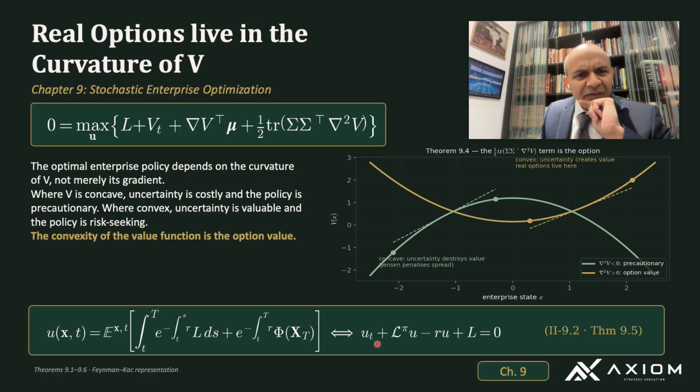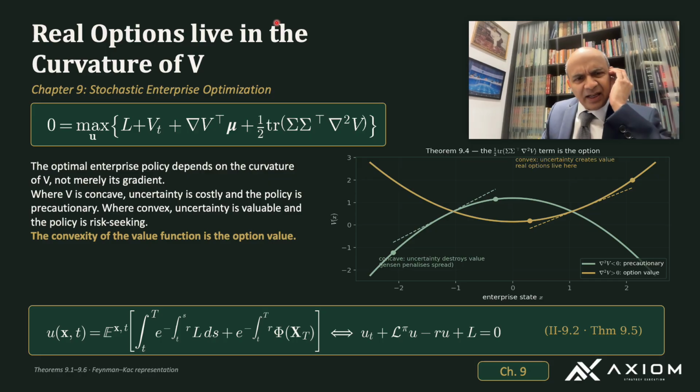On the right side, we see u sub t, which is the time derivative of the value function, du/dt. And L pi is the infinitesimal generator of the stochastic enterprise dynamics under policy pi. It captures the effect of drift and diffusion on u.